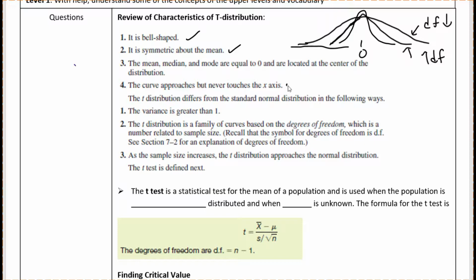The t-distribution differs from the standard normal distribution in the following ways. The t-distribution is more spread out. If the variance is greater than 1, that means the curve is more spread out.